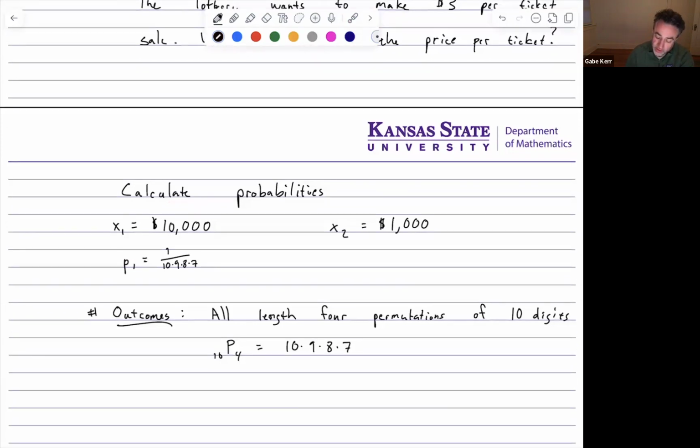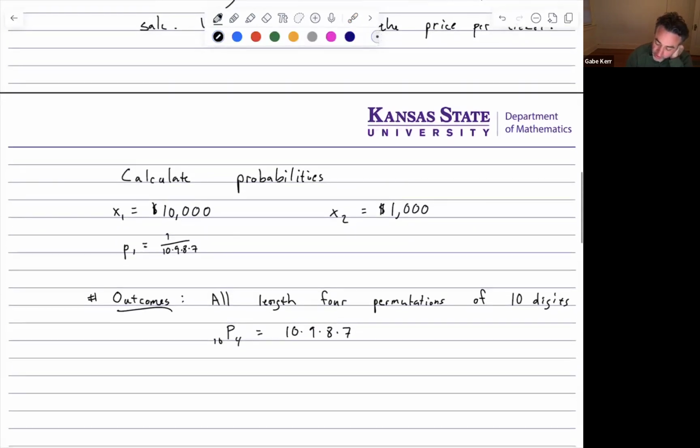And on the other hand, how many outcomes are there which involve rearranging the numbers that you have correctly? If you have a 4-digit winning number, you can rearrange those 4 digits in 4 factorial ways, but we have to be a little careful here.